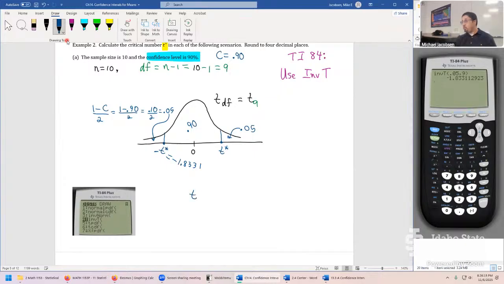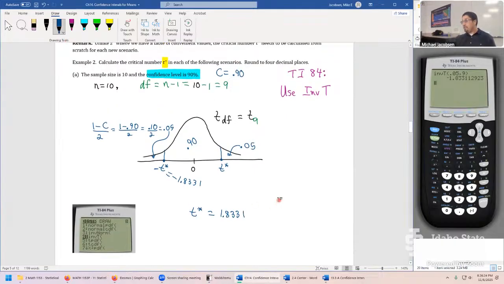This means the t star that we wanted, typically we state the positive value, is positive 1.8331. So that's our critical number we would use in the confidence interval. Actually, let me change the color coding here to highlighted in yellow. 1.8331. Is that what folks got so far in your calculators?